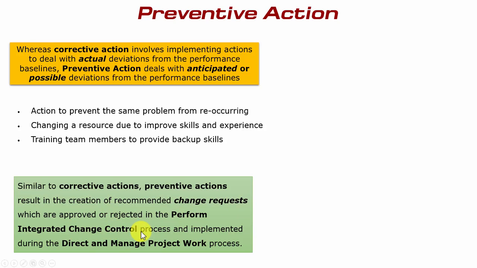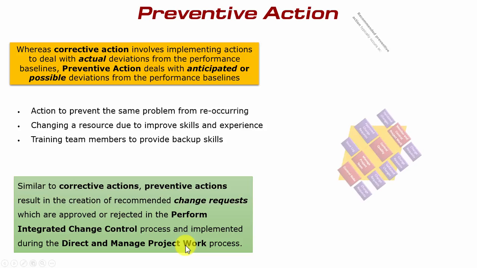So preventative actions are one type of potential change that needs to be input into Perform Integrated Change Control. And these are of course implemented during the Direct and Manage Project Work, which is actually where the work gets carried out and the products or deliverables created.